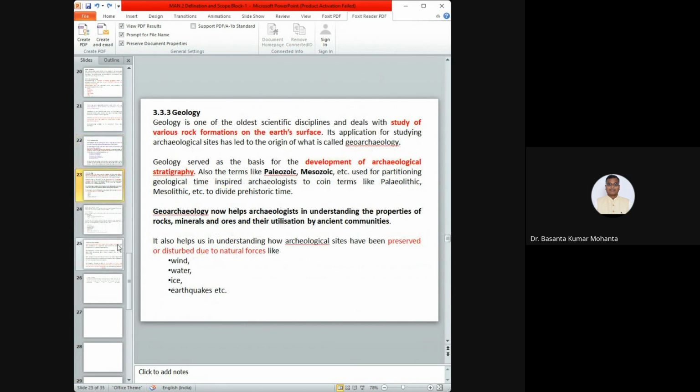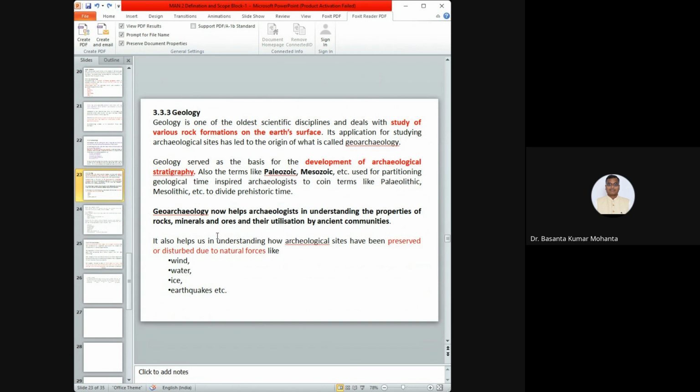So geology is also equally helpful in understanding the earth formation, which is helpful to understand archaeological formation. As we are aware, geology is the study of rock formation on the earth surface, and as we already discussed, the prehistoric people were using different kinds of stones as tools.